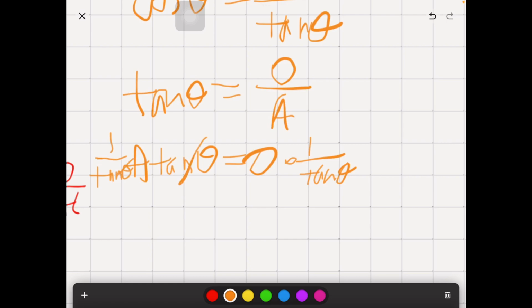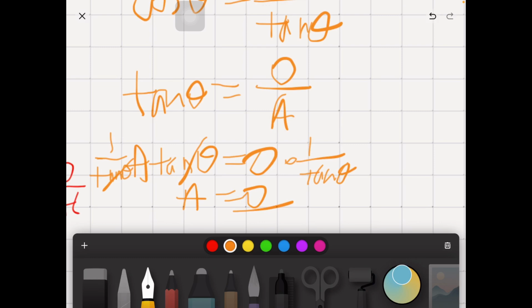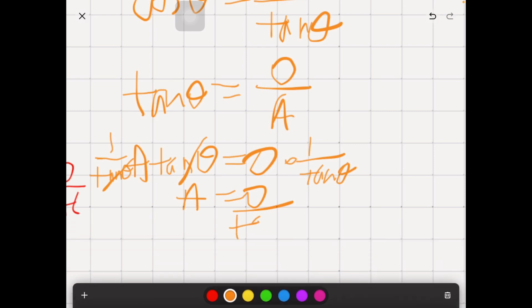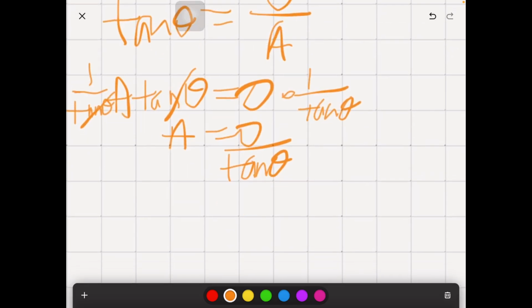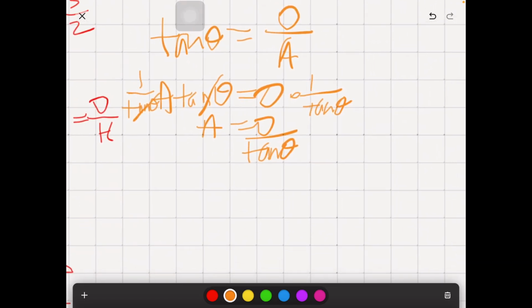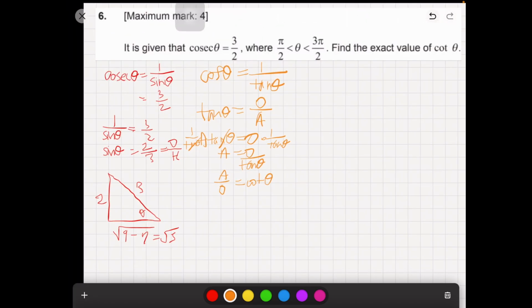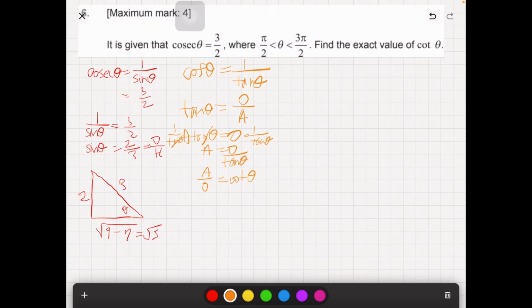The tan theta cancel out. Then we get A is equal to O over tan theta. Then A over O is equal to cotangent theta, because that's the reciprocal of tan theta.